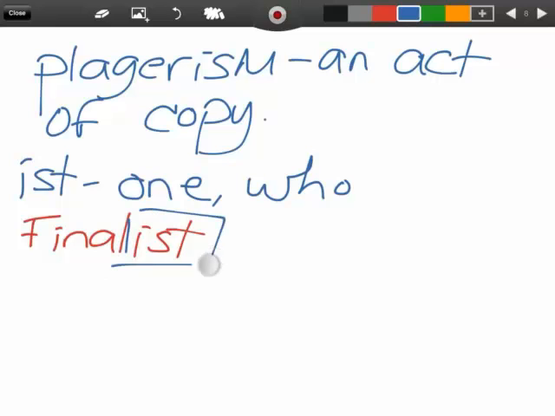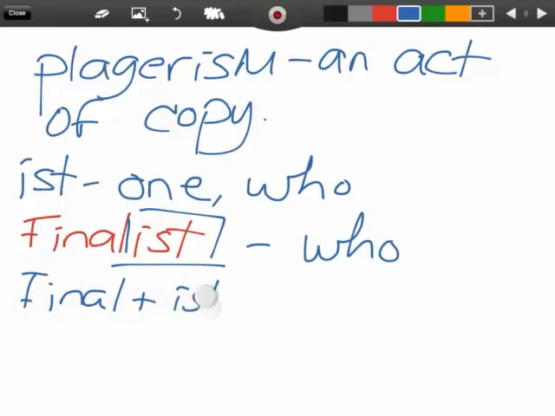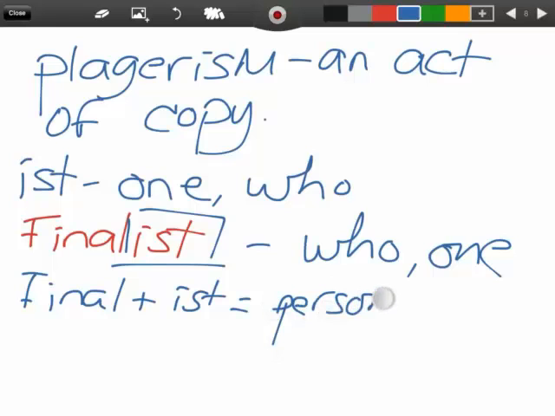Ist means who. And when we combine final and ist together, it means person who is in the final.